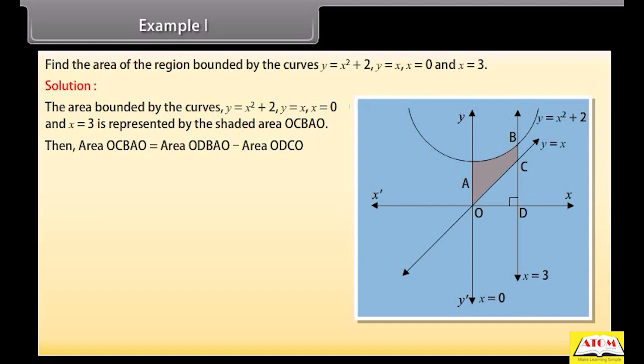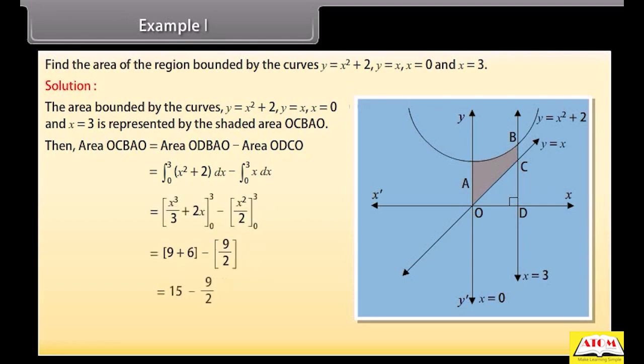Then, area of OCBAO is equal to area of ODBAO minus area of ODCO, which is the integral from 0 to 3 of x squared plus 2 with respect to x minus the integral from 0 to 3 of x with respect to x. By solving we get 21/2 square units.